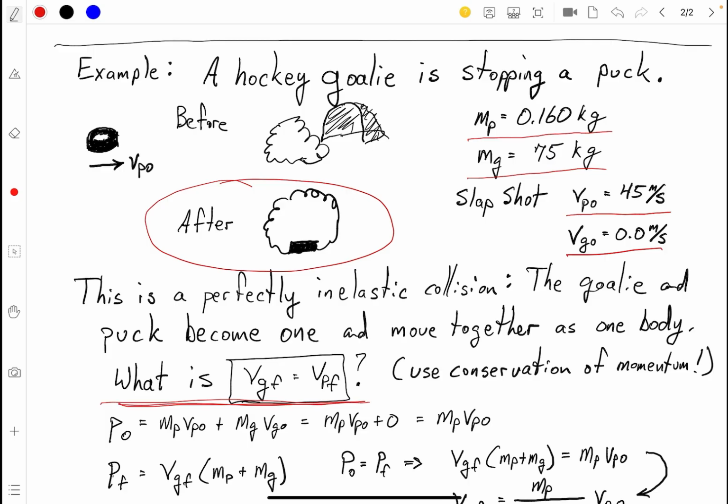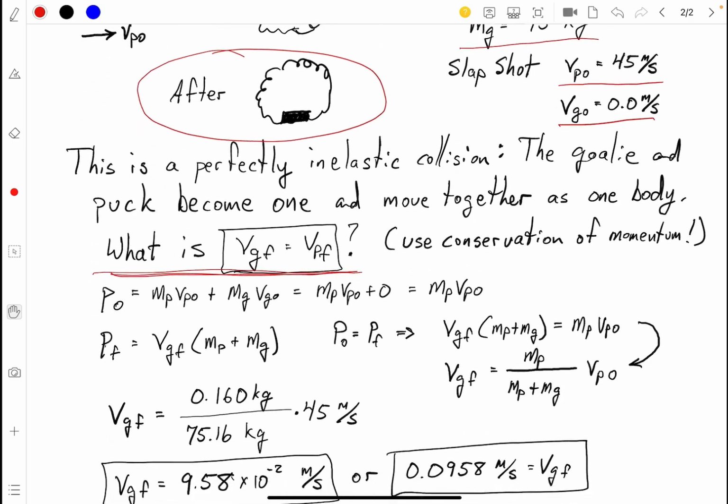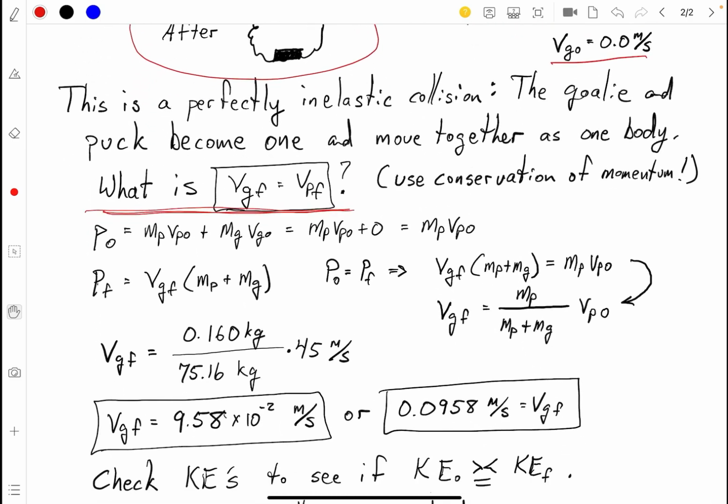What is VGF, or the velocity of the goalie final? And since they're one, that means that's also the velocity of the puck finally. So it doesn't matter. You can use one or the other. I want to stick with the goalie because I care about people and not pucks. Everybody cares about the puck, I guess, if you're a fan of hockey.